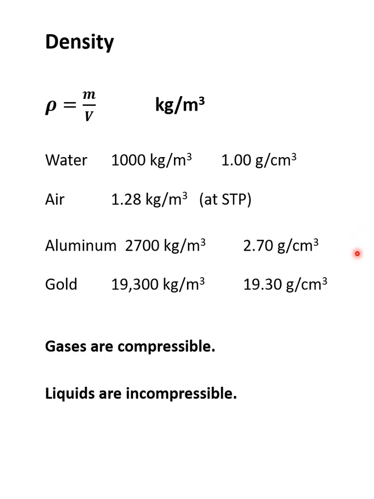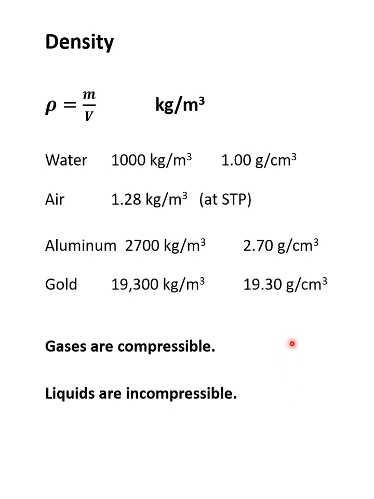Aluminum, 2,700 kilograms per meter cubed. Divide that by 1,000, you get 2.7 grams per cubic centimeter. And gold is very dense. It is 19.3 times denser than water. So 19,300 kilograms per meter cubed, or 19.3 grams per cubic centimeter.